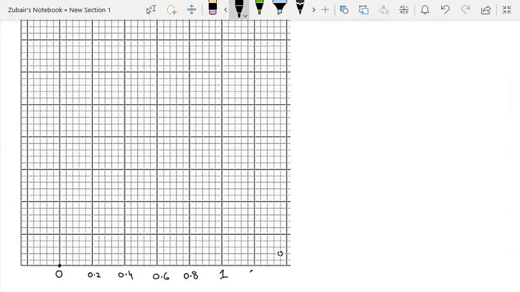Here more you can write 1.2. So that's it. This is basically x, and x is basically 1 upon t. Okay, so these are the horizontal values. Now for vertical values, we should go.